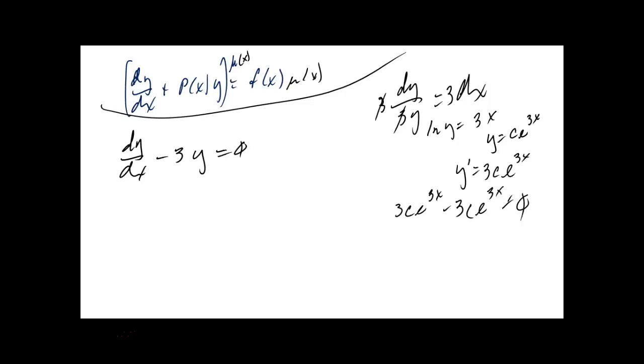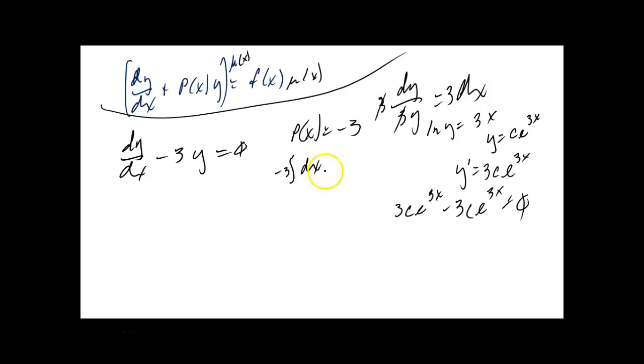Now, what is your p of x? P of x is equal to negative 3, because that was our form. For some reason, they had the plus in there, so that's our form. So what do we do first? We integrate negative 3 dx.